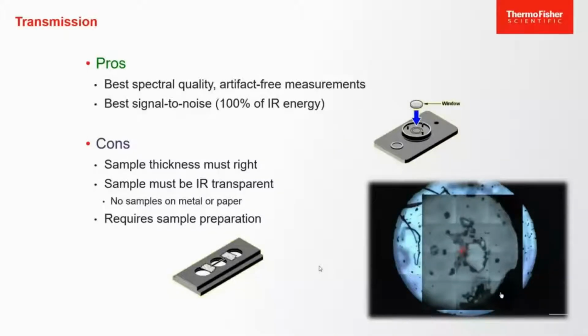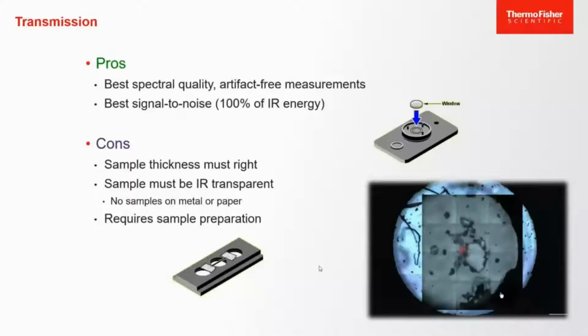The cons or negatives is that the sample thickness must be just right in order to see it, and the sample needs to be IR transparent. So you can't analyze something on metal or paper by transmission. So typically in transmission, it's going to require some sort of sample preparation.